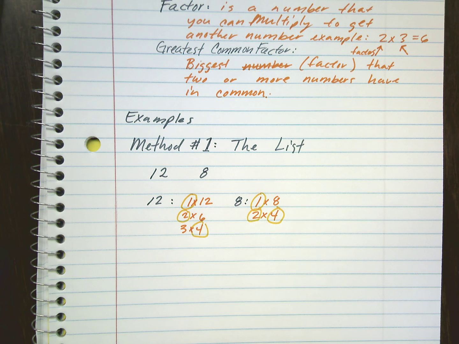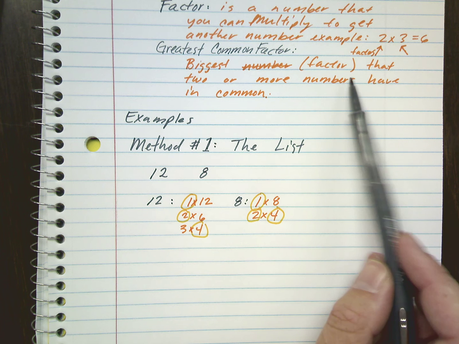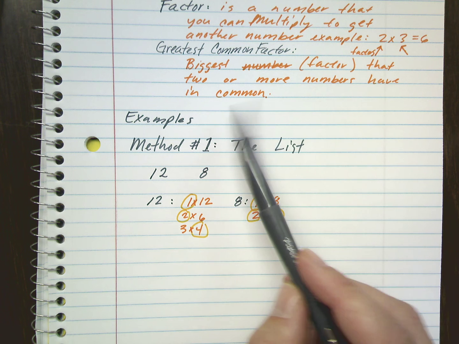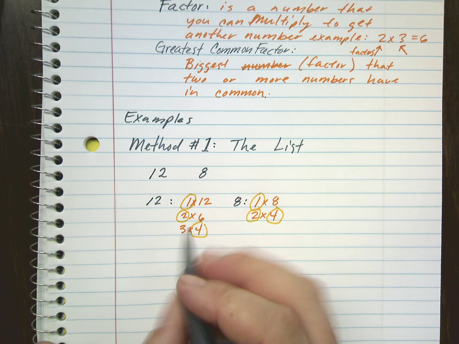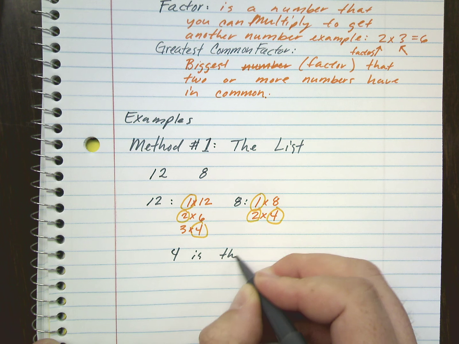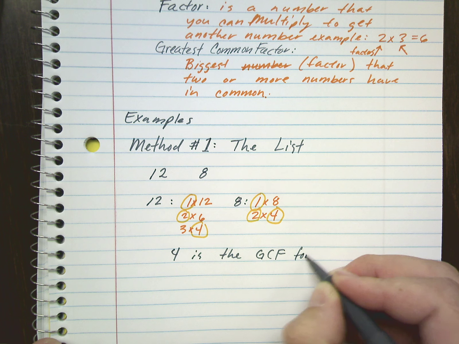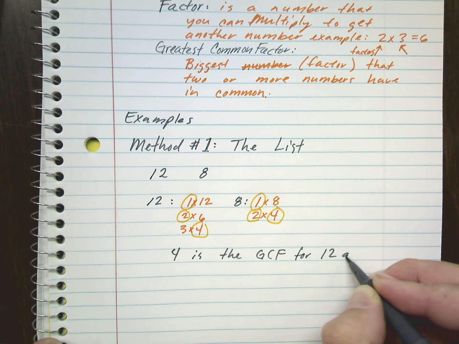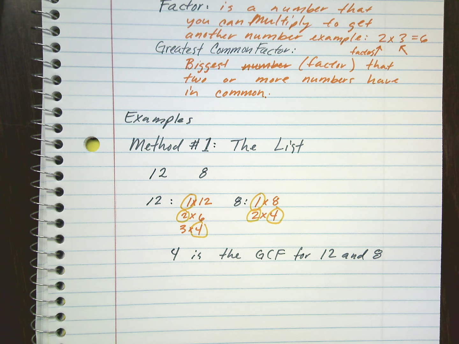Greatest common factor is the biggest factor that 2 or more numbers have in common. So the biggest factor that they have in common is 4. So 4 is the GCF, or greatest common factor, for the numbers 12 and 8. So that's method number 1.